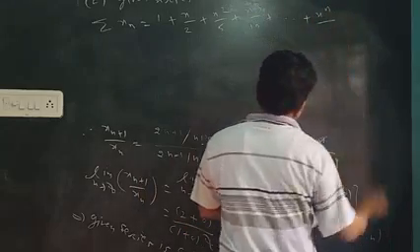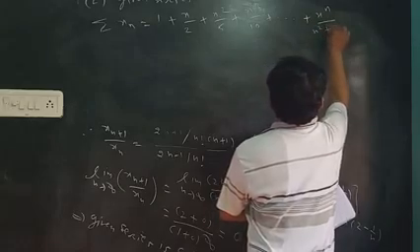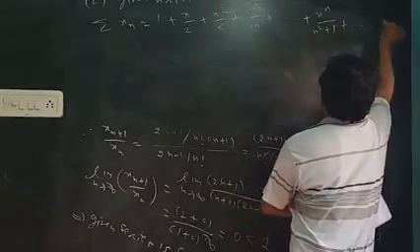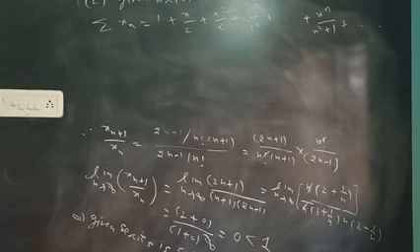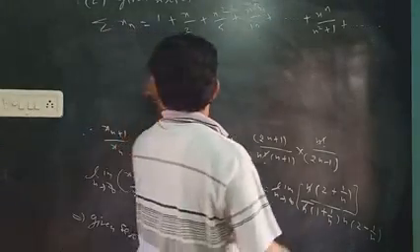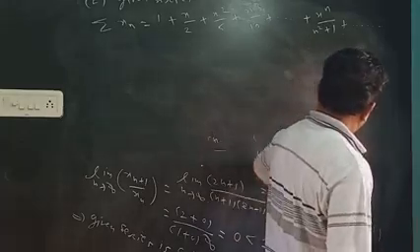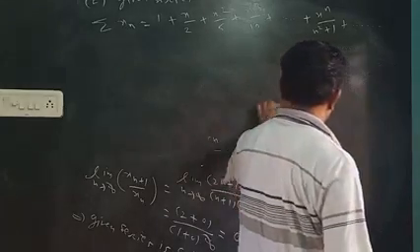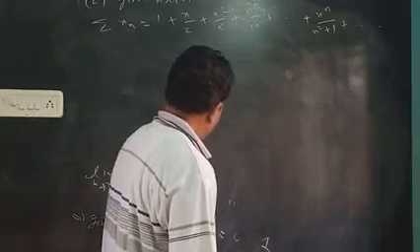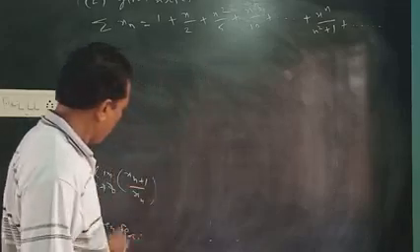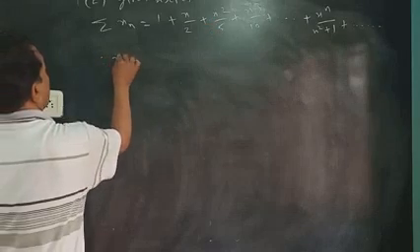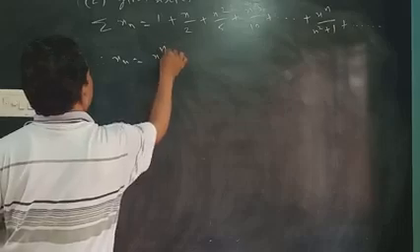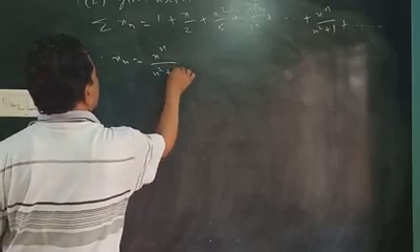The general term is also given to you: x raised to power n upon n square plus 1, and so on. So the n-th term, the general term x_n, will be x raised to power n divided by n square plus 1.